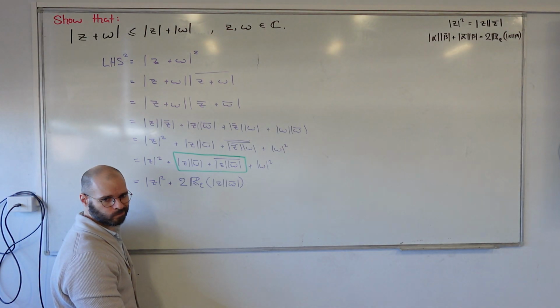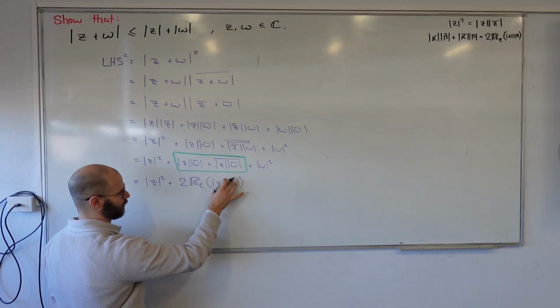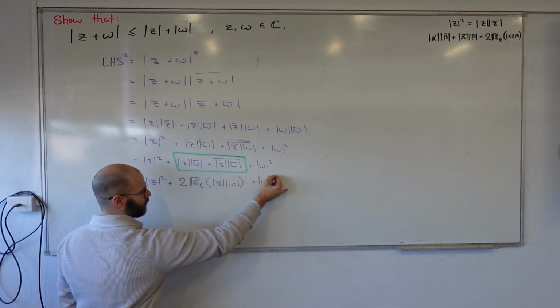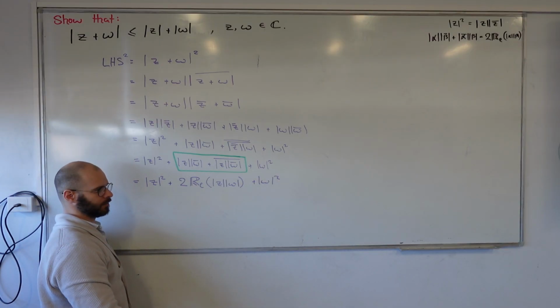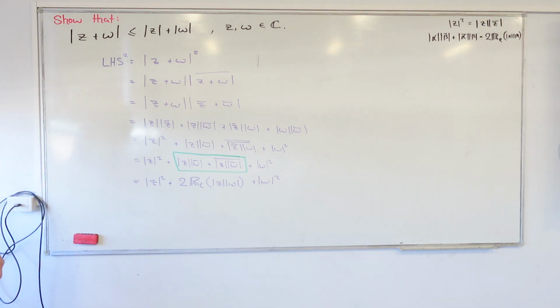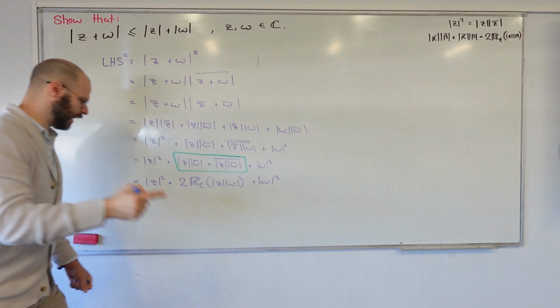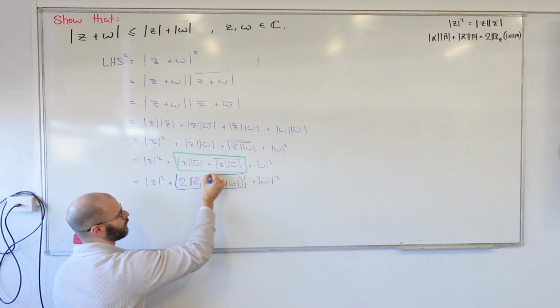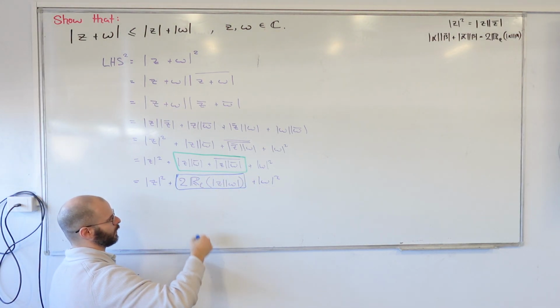No, because it's the modulus, it doesn't really matter. Seem alright? Okay, and here's where we have to take a slight diversion. We're going to do it in blue. Have a look at this part here. This is where I got stuck for a little bit.